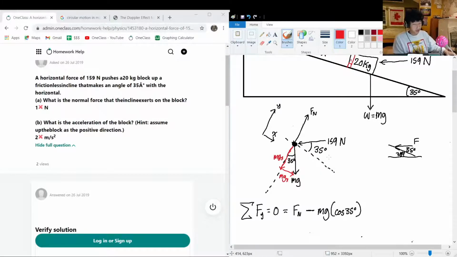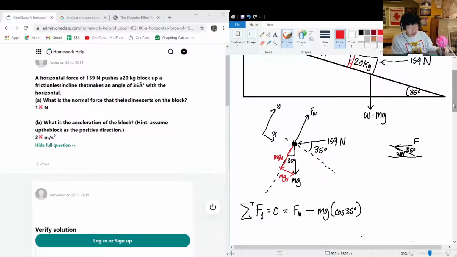Okay, now since our pushing force was perfectly horizontal, this is also going to be pushing it into the ramp a little bit. So there is going to be a y component to the perfectly horizontal force, and the y component is going to be sine 35.